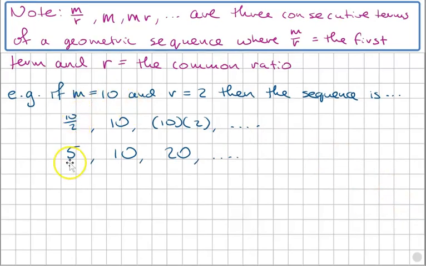And 10 divided by 2 is 5, 10 just stays as 10, and 10 multiplied by 2 is 20. So this particular geometric sequence is 5, comma 10, comma 20. And what's happening each time is each term is being multiplied by 2.